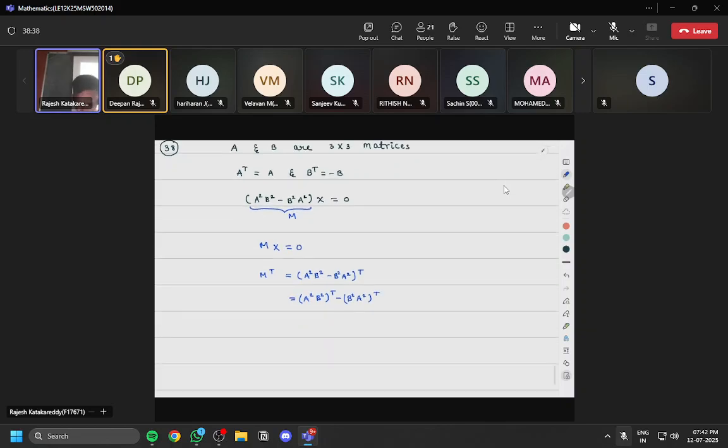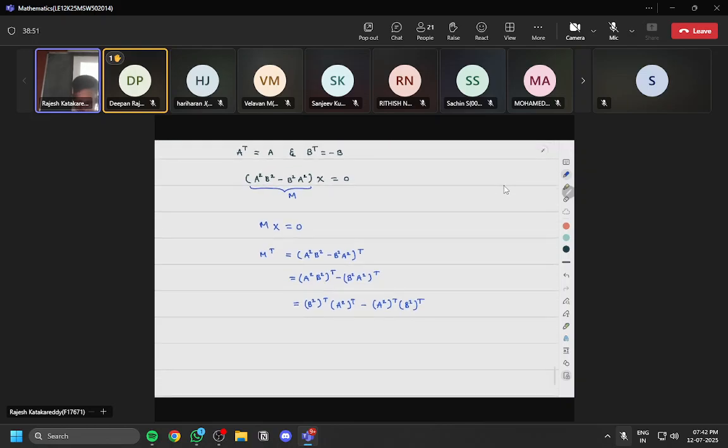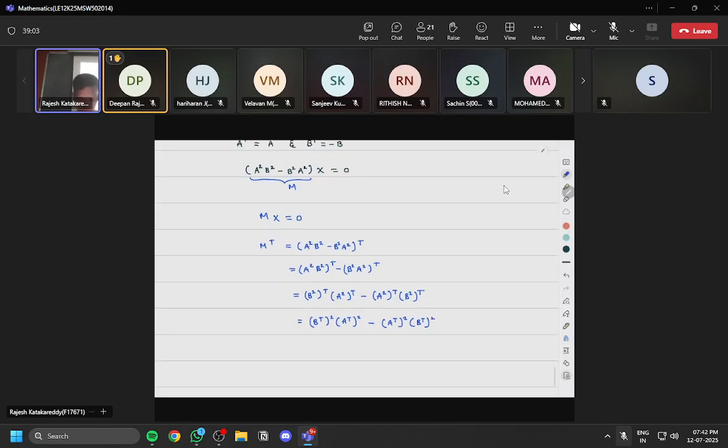Applying the law of reversal, this is B square transpose into A square transpose minus A square transpose into B square transpose. Interchanging transpose and square, this is (B transpose) whole square (A transpose) whole square minus (A transpose) whole square (B transpose) whole square.